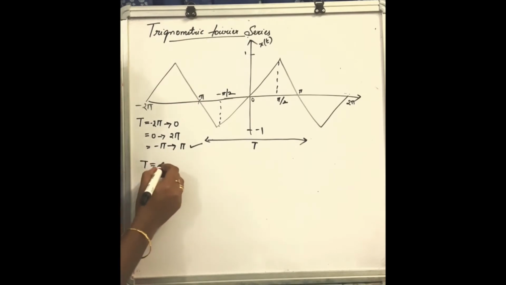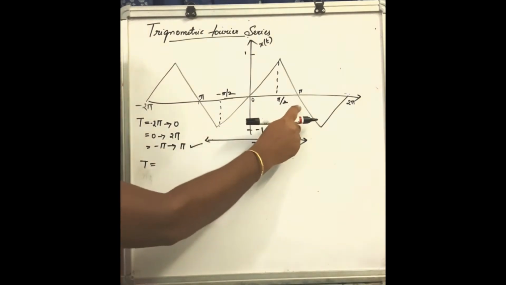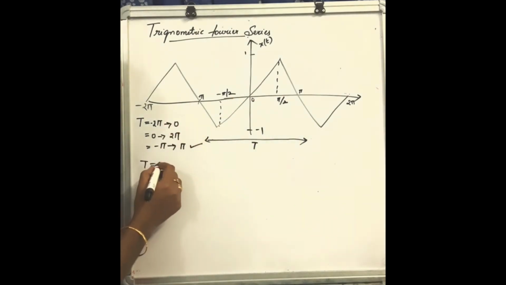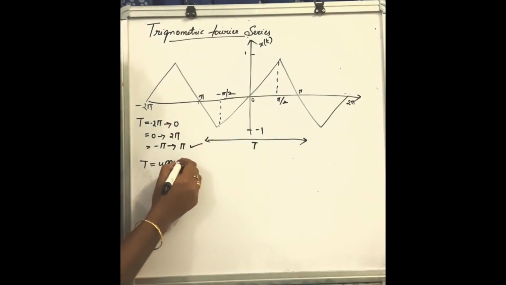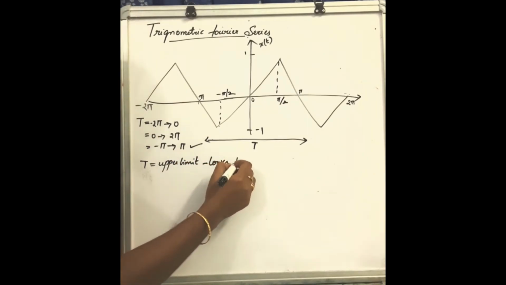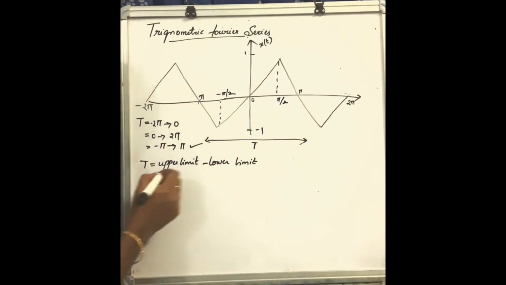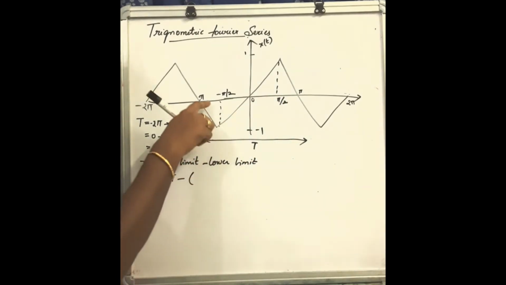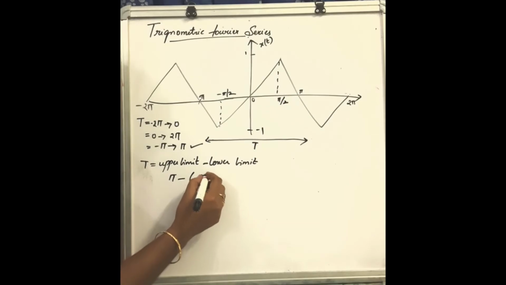T is equal to, to find the time period, upper limit minus lower limit. Our upper limit is pi, minus lower limit is minus pi.